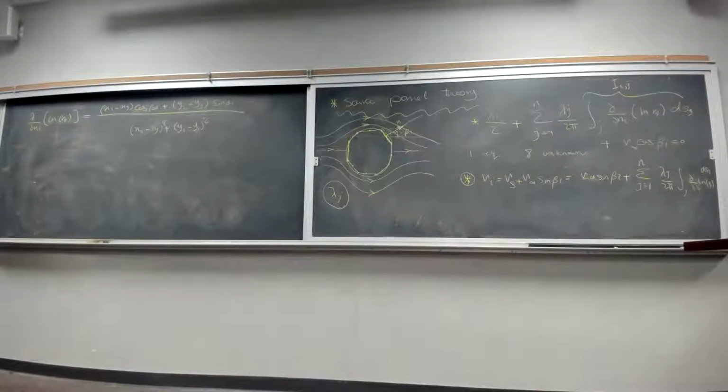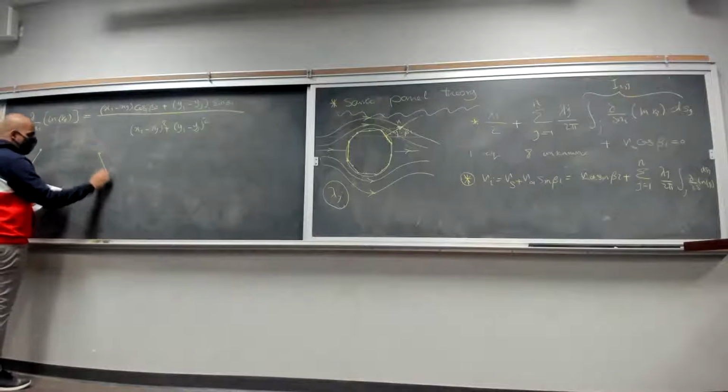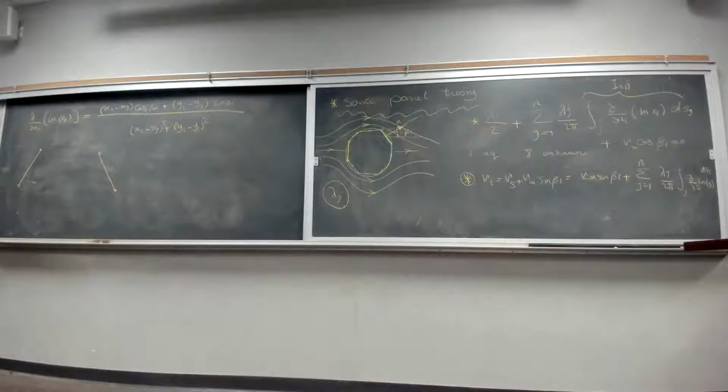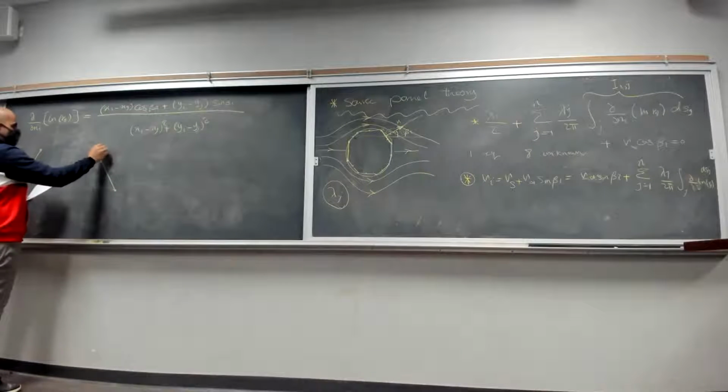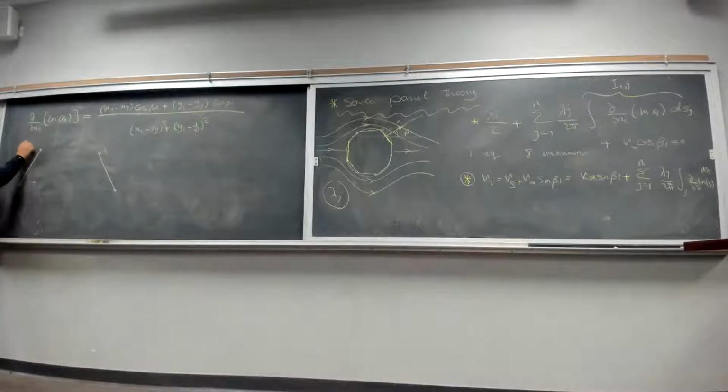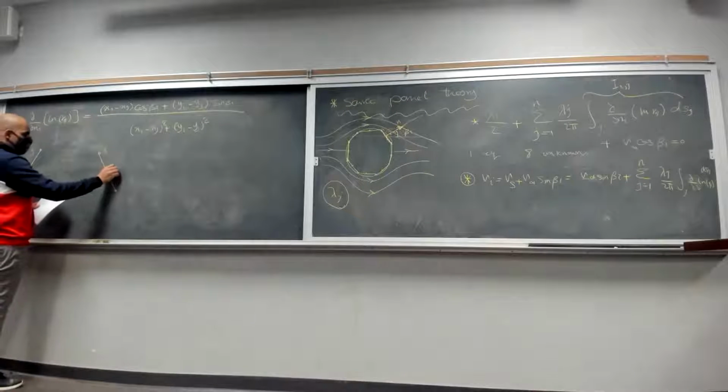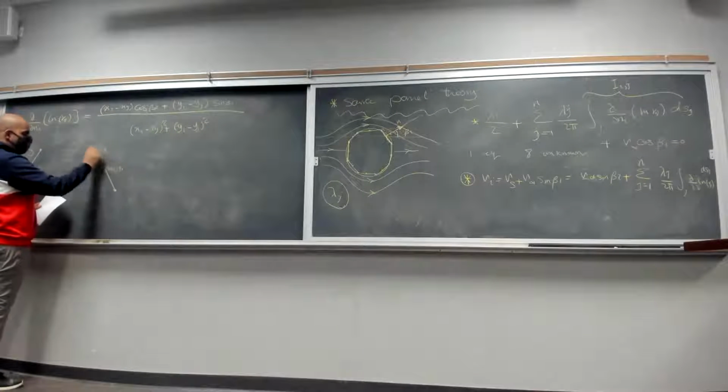What we were doing was assuming there are these two panels. This one is panel I, and this one is panel J. These are arbitrary panels, so we are finding a general solution that we can simplify to fit the problem, and you're going to see why that is helpful. Control point xi and yi.